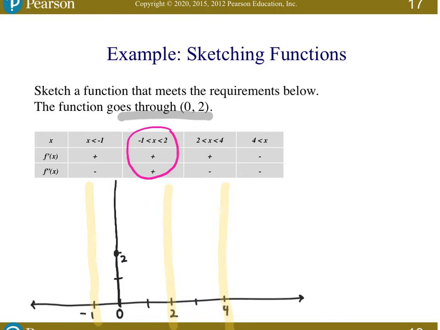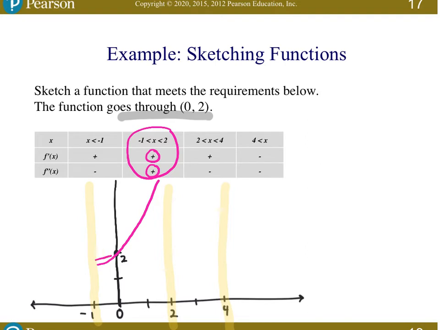I need to be going in an increasing direction, with positive concavity, going through that point. Okay, increasing, going through that point with positive concavity.